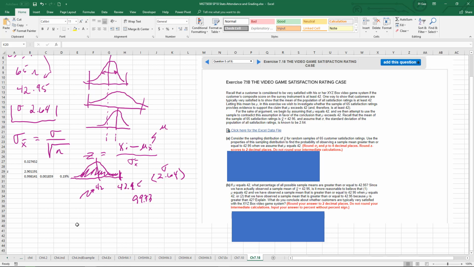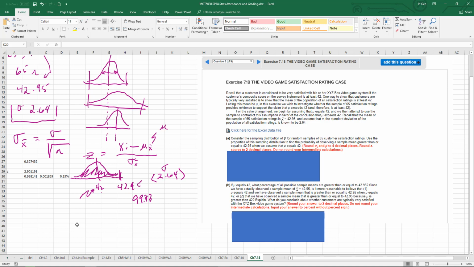Well, this is where it comes into expertise: people have used their expertise to say that they're pretty sure that, speaking of statistics and probability, we can apply the 2.64 from other experience we have to this. Because to get the sigma of the population, don't forget, we have to have the population mean to calculate this. So if you notice, there's a little bit of trickery going on here.